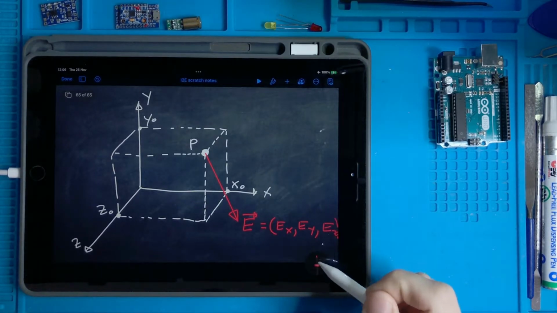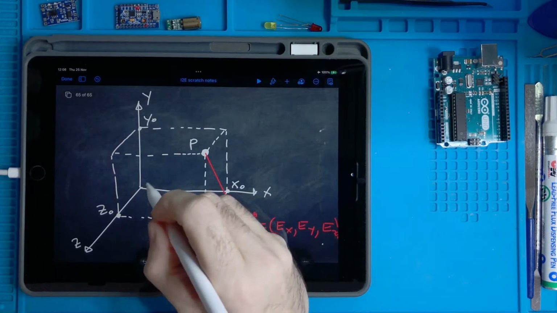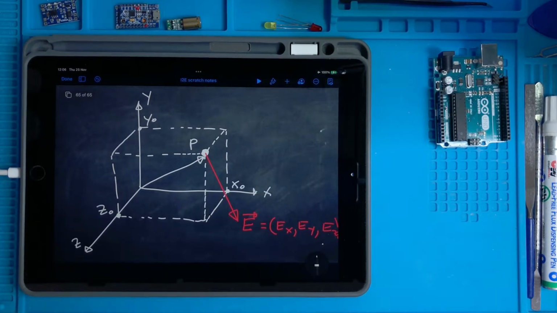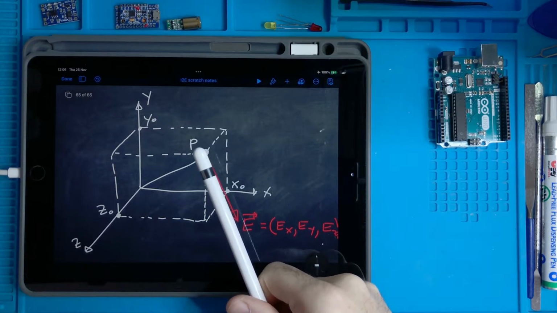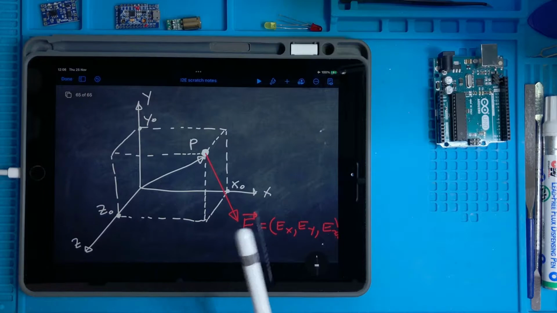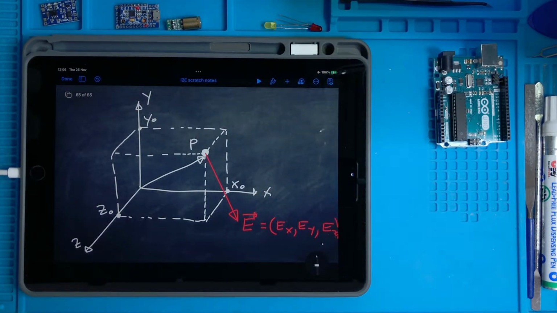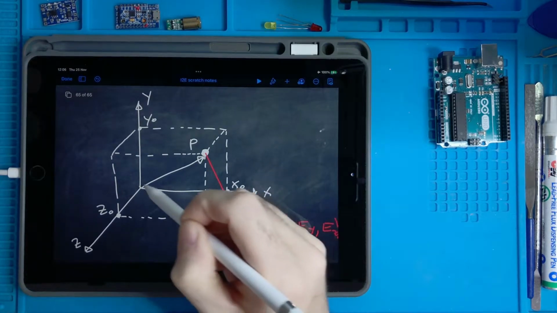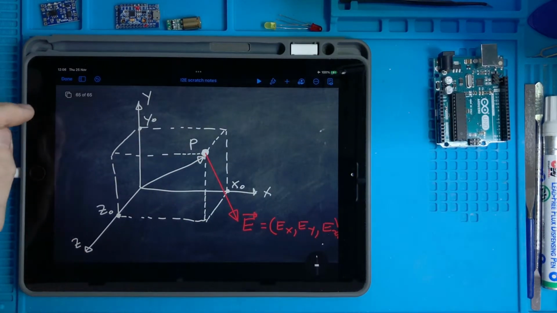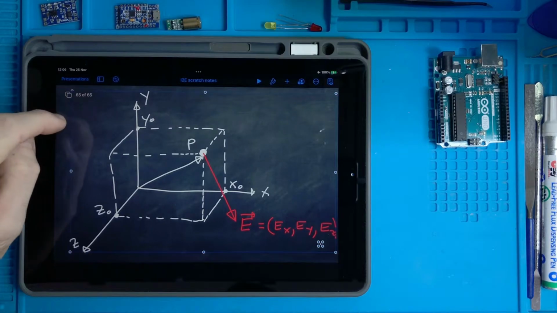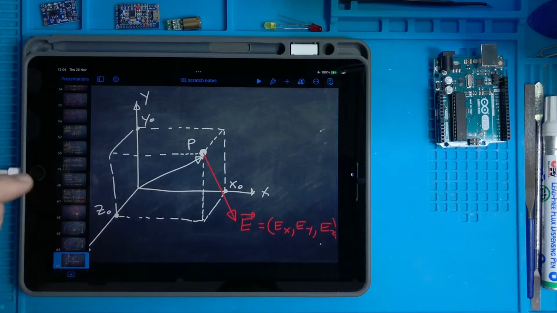So the vector P is indicating which point of the space we are interested in. The vector E is indicating the direction and also the strength, because of the length of the electric field evaluated here, and we can do this in every point. Okay, so this is what we are thinking of.